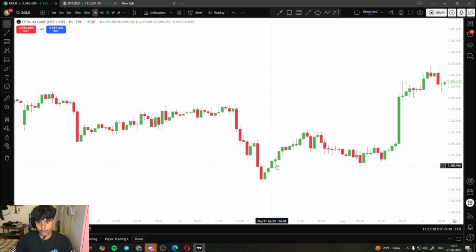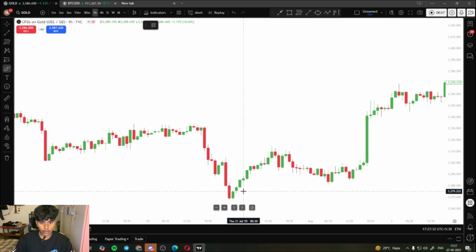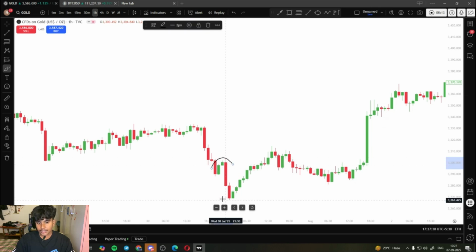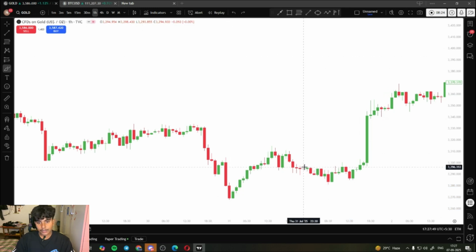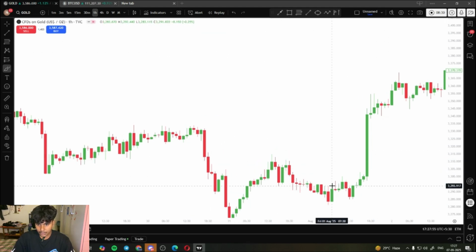So what will you call a new lower high? Yes, because it has a new lower low. Do you call this a new lower high? Yes, because it has a lower low. Will you call this a new lower high? No, because it does not have a new lower low. If you are mistaking this, and you see this, will you call this a new lower high?